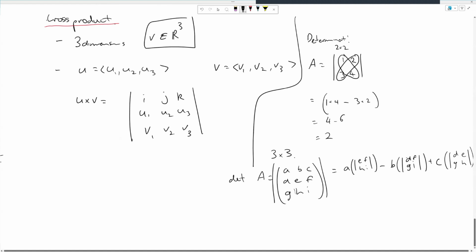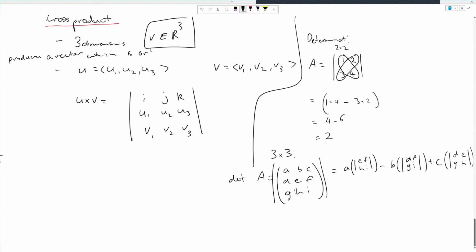So if we go back to our example over here, u cross v. I should also say that the cross product produces a vector which is orthogonal to u and v.